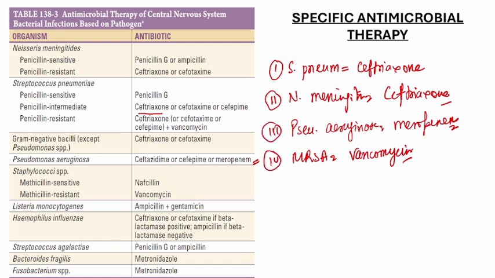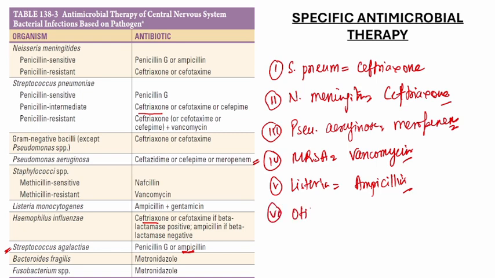Right. What is active against Listeria? It is ampicillin. What is active against Haemophilus? Ceftriaxone again. What is active against Streptococcus agalactiae? It is ampicillin again. When do you have to add metronidazole?